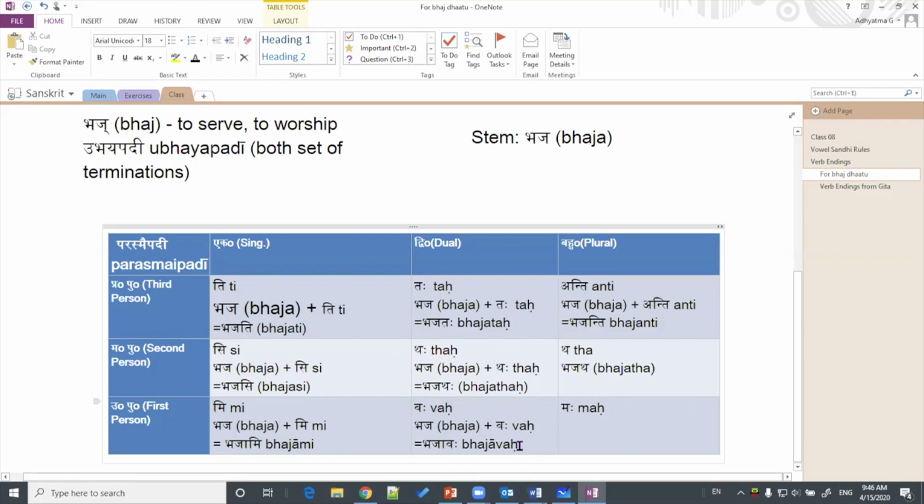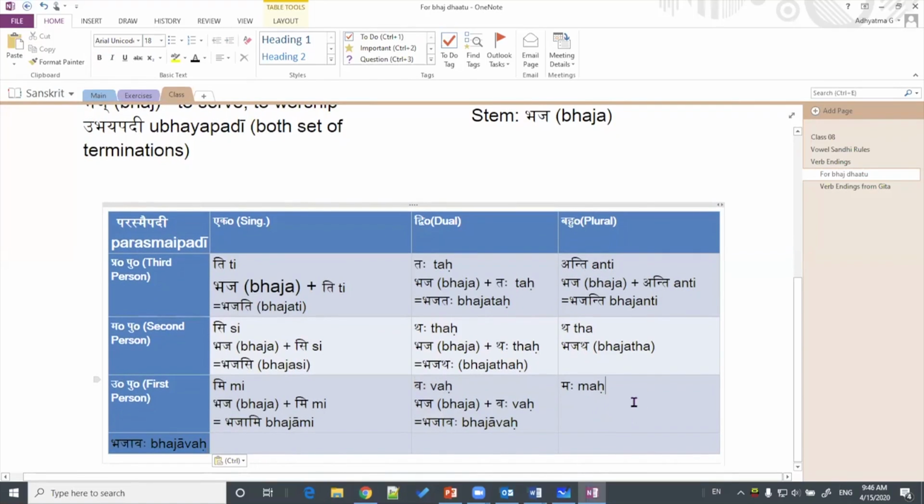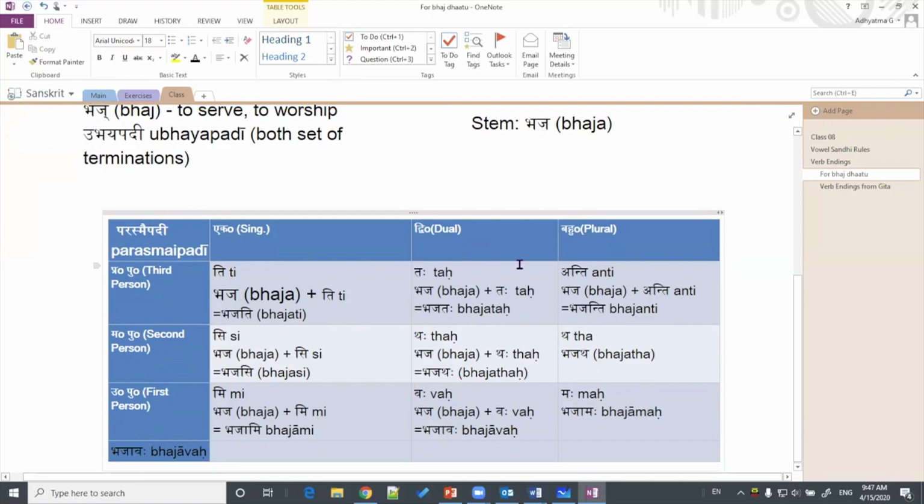And here the same way it would become bhajamaha. I'm just doing the copy and paste. It's a little faster. Bhajamaha. So you see how easy it is actually to make the forms, particularly for those stems which end in a, as long as you know the stem.